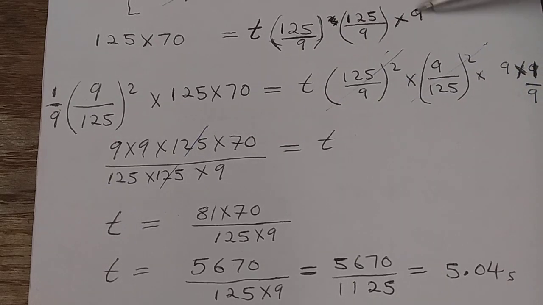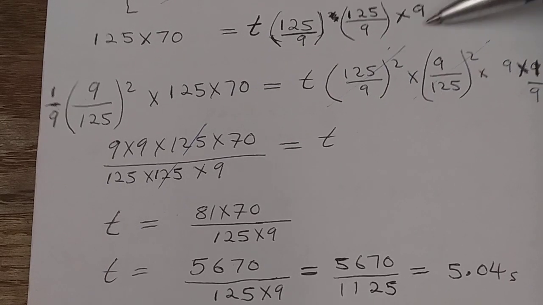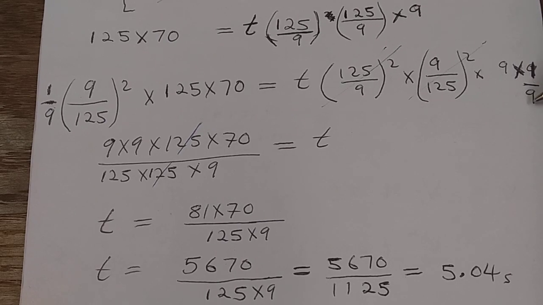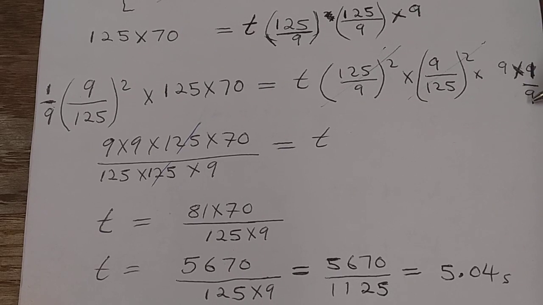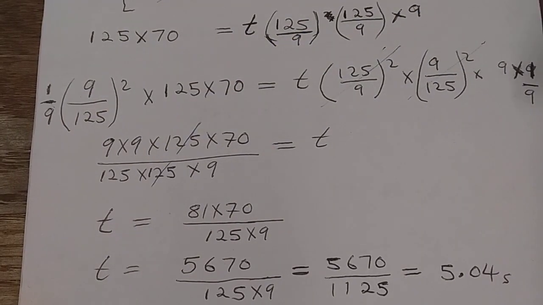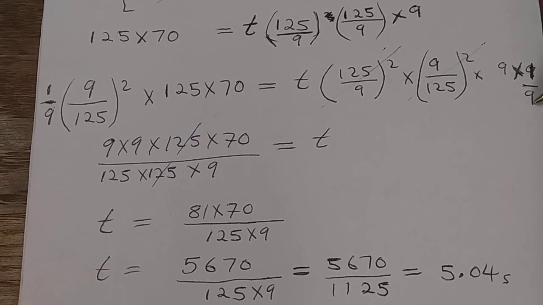So this 9, how do you eliminate it? By dividing by 9 both sides. 1 divided by 9, this is the 9, that's the 9. If you multiply by 1/9, and also you multiply by 1/9 on the right hand side, you do the same on the left hand side.